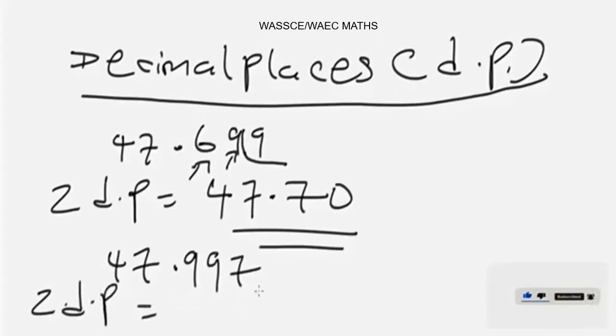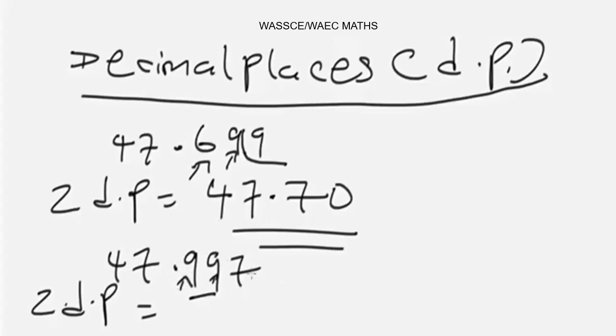How do we do it? Remember, decimal values start immediately after the decimal point. So in this value, this is the 2 decimal mark. This 7 is up to 5, right? So you approximate it as 1. Take it as 1 and put it in this 9 first, and this will change to 10. Now this 10, you take it as 1 as well and put it in the 9 behind it, and it will now be 10.